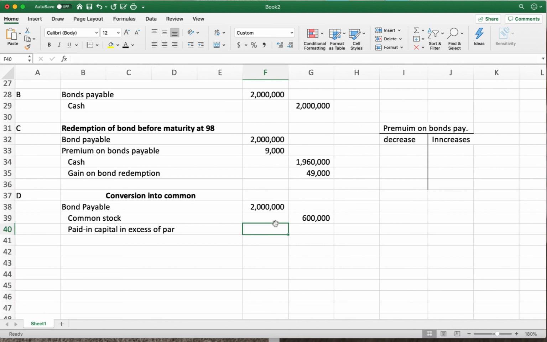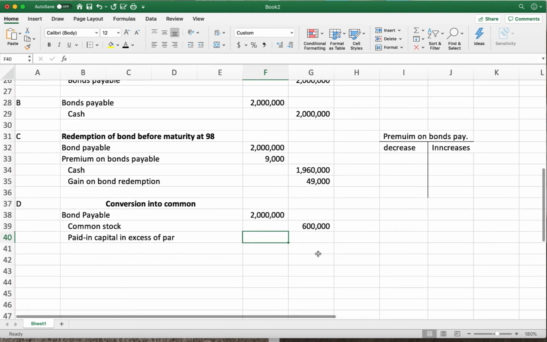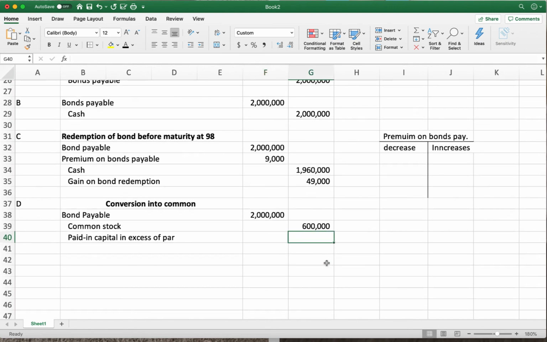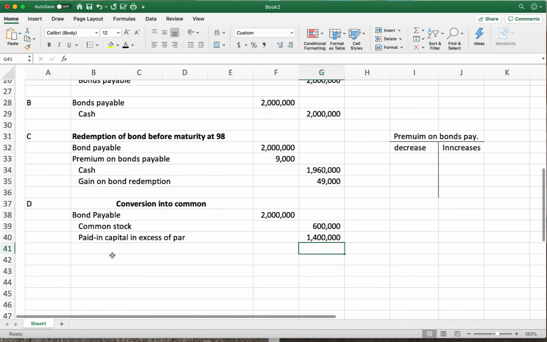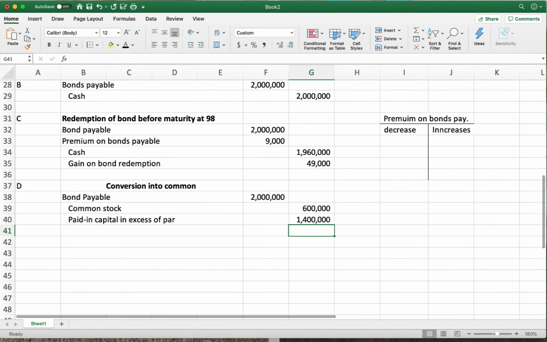The par portion is part of the common stock account. This additional amount that we just have to back into is the additional paid in capital. So if we run the numbers, we get $1.4 million.